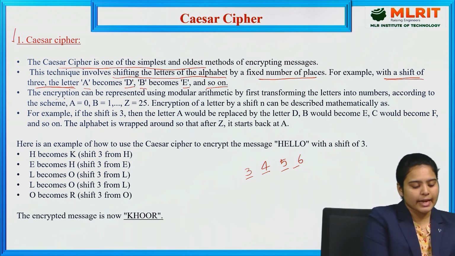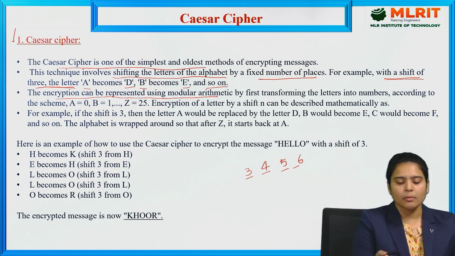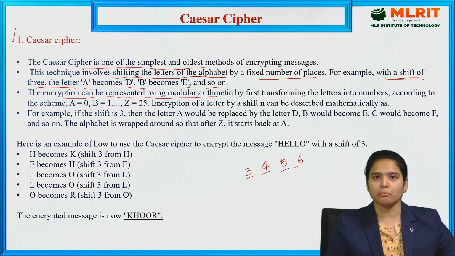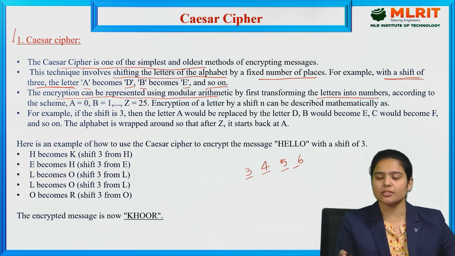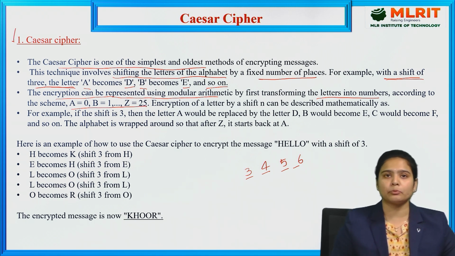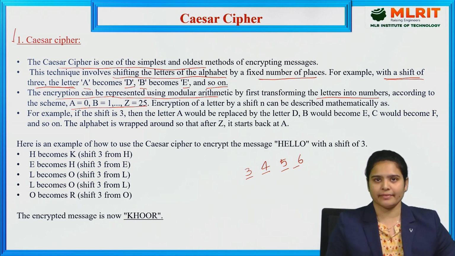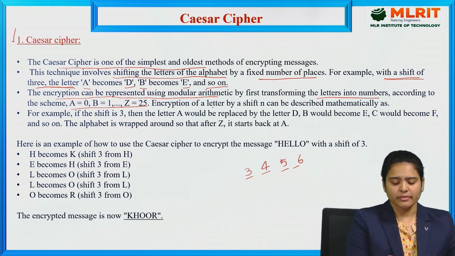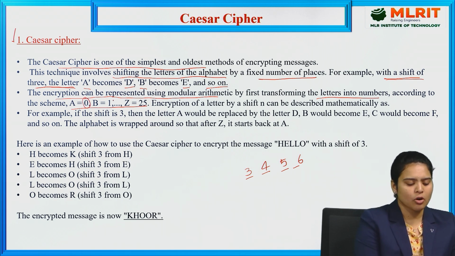This encryption can also be represented using modular arithmetic by transforming the letters into numbers with the scheme A equals 0 up to Z equals 25. The starting number can be 0 or 1.